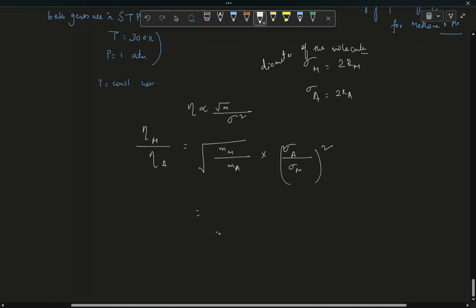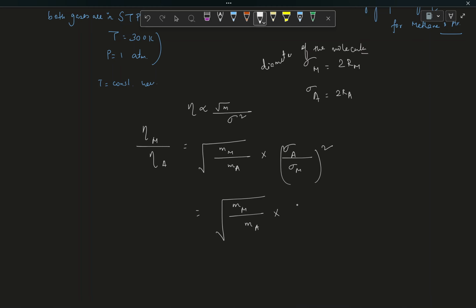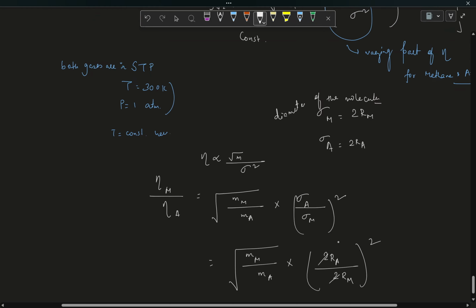So this is m by ma, and because sigma is just 2ra, and this is 2rm, and then whole squared, this 2 and 2 cancel out. This is just the radius ratio, and then the square of that.